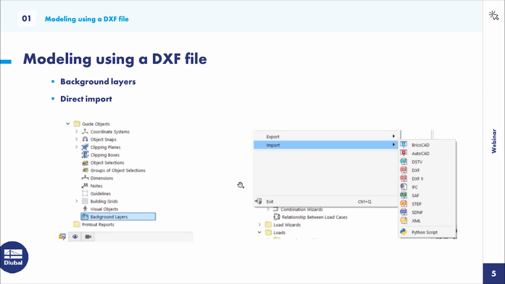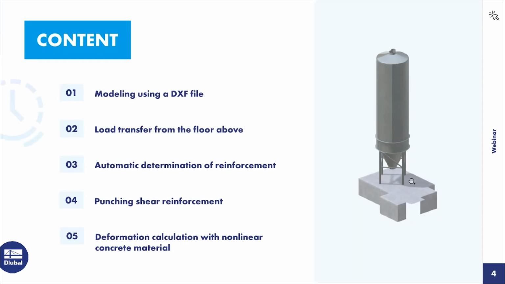Okay, then maybe we go back to our model today. We have a little building, or let's say from industrial areas, and we have a silo on the top.